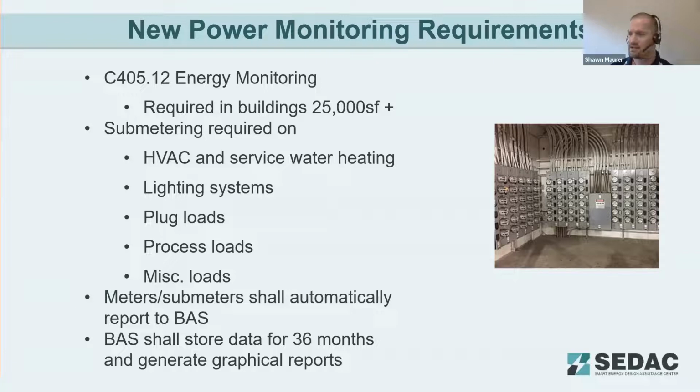So the main consideration here is you want to be able to track equipment energy consumption and help identify where there might be control issues or maintenance issues in the building and identify those more quickly, send an automated alert to building maintenance and operating personnel so that they can track that down and maintain the building's efficiency over time. That is the main goal of these additions to the IECC.